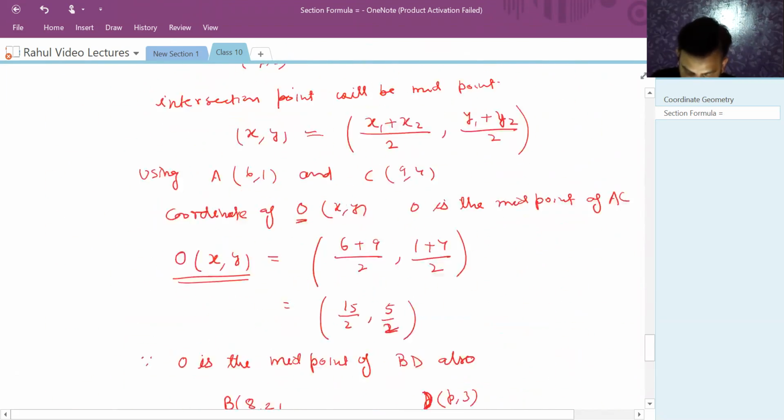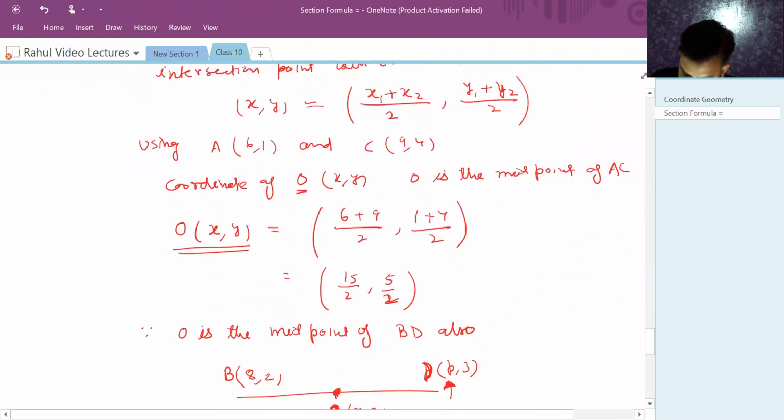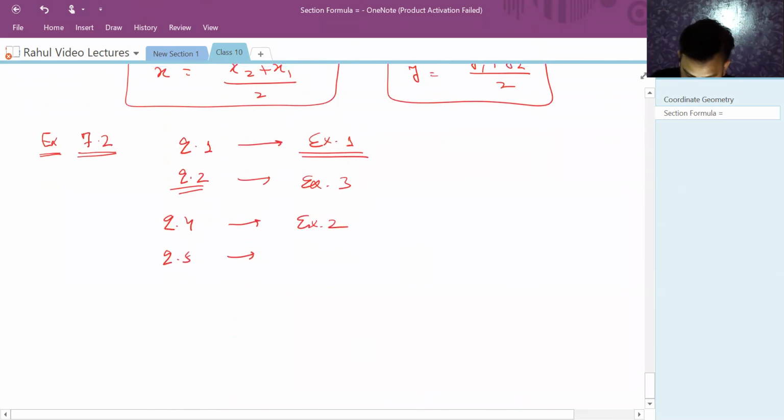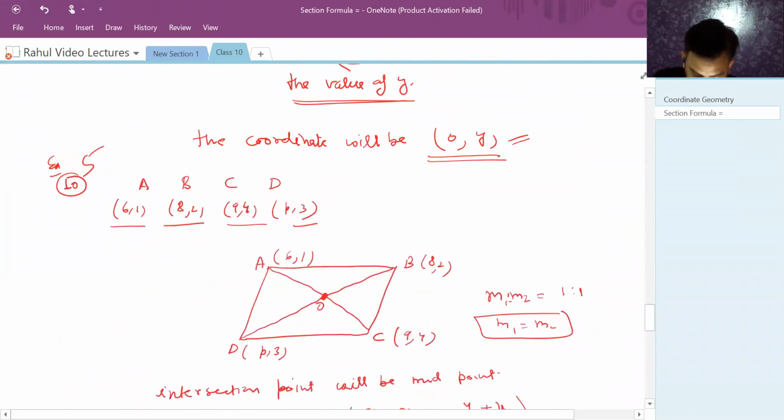So question number 5 is mapped with example number 4. And question number 6 also we can do with the last example, parallelogram. So example number 5 we have done, the parallelogram question.